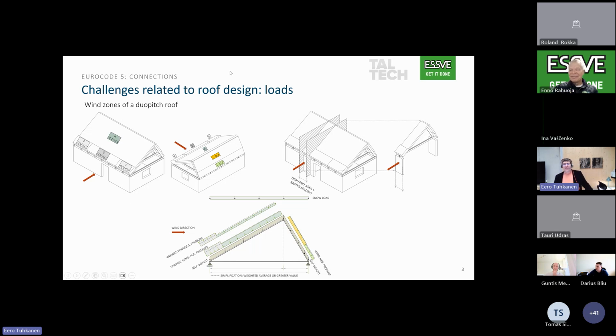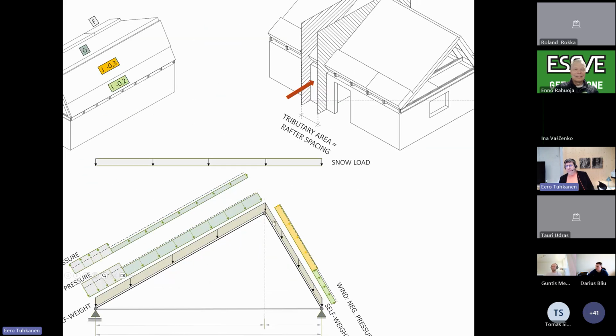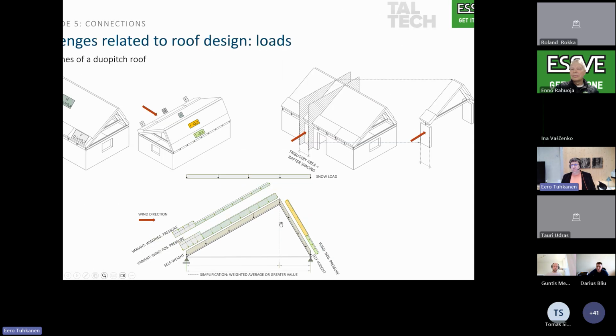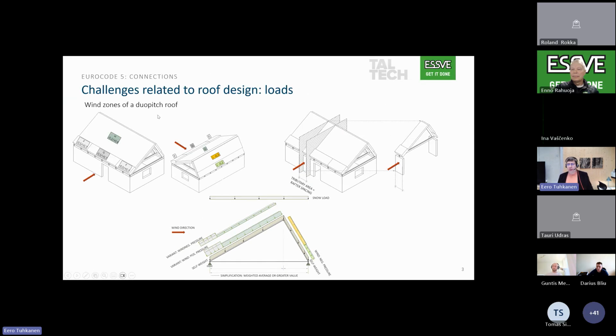Yeah, so the first challenge is related to finding loads on the roof. We have to consider first the self-weight, then the snow load, and also the wind load, which is quite a complicated load on this kind of roof when we have, for example, a two-pitch roof.